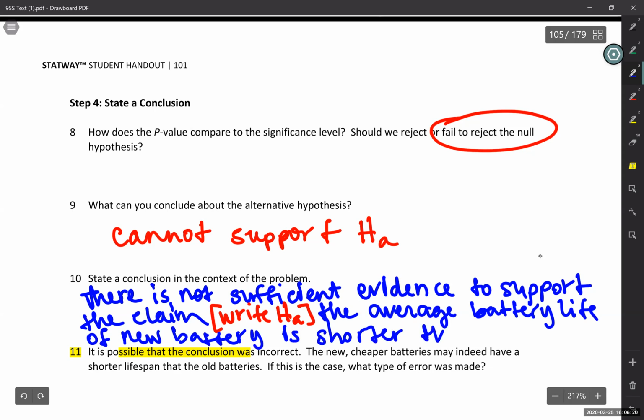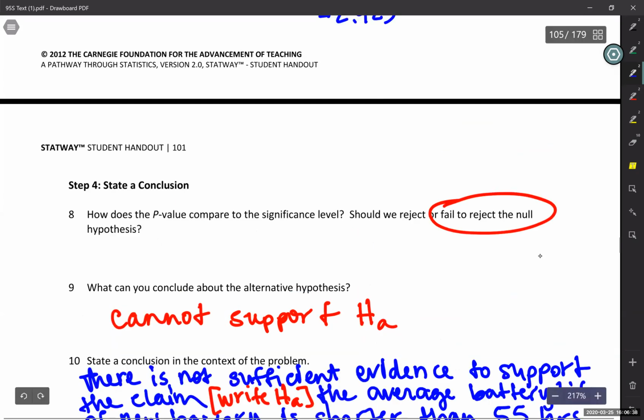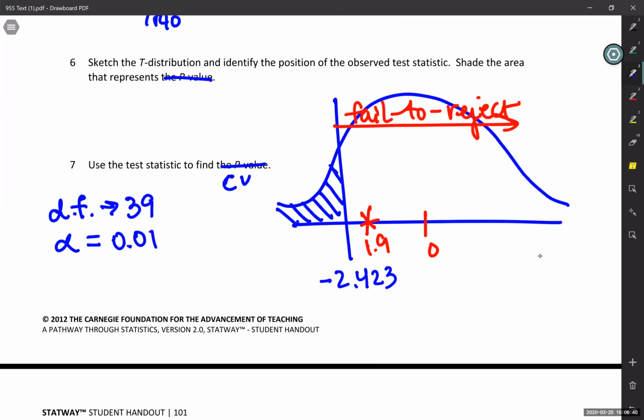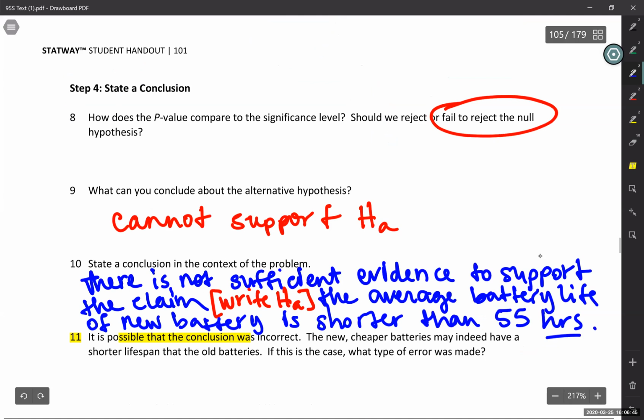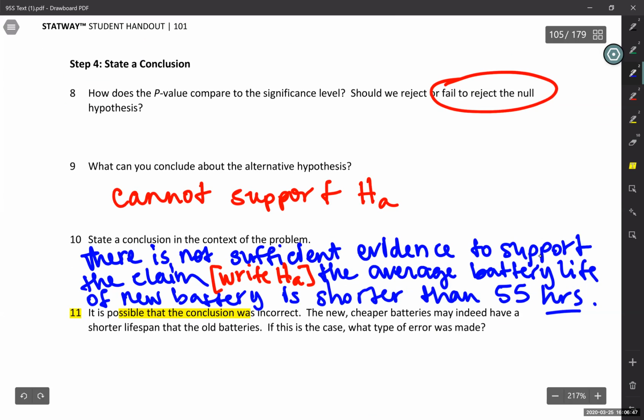Say shorter than, and then I'll use the numbers from the hypothesis, 55 hours. Make sure you have the units on there as well. The only difference between this conclusion and the last conclusion is that we were not able to reject the null. So if we fail to reject the null, then there is not sufficient evidence.